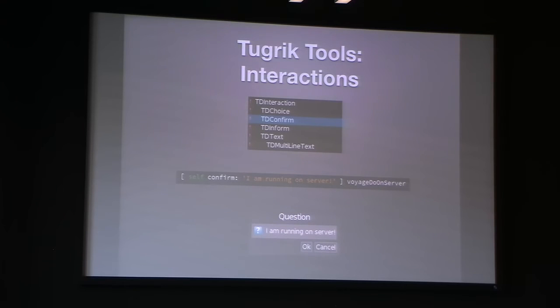I created these interactions in Toad so that I could have a confirm pop-up on the client, have you click on the button, and come back. It turns out this is convenient to have right now, so I went ahead and plugged it in. So you've got choice, confirm, inform, text, multi-line text, allowing you to have a confirm run somewhere in your code that you just wrapped with on server do and have it come back to you.